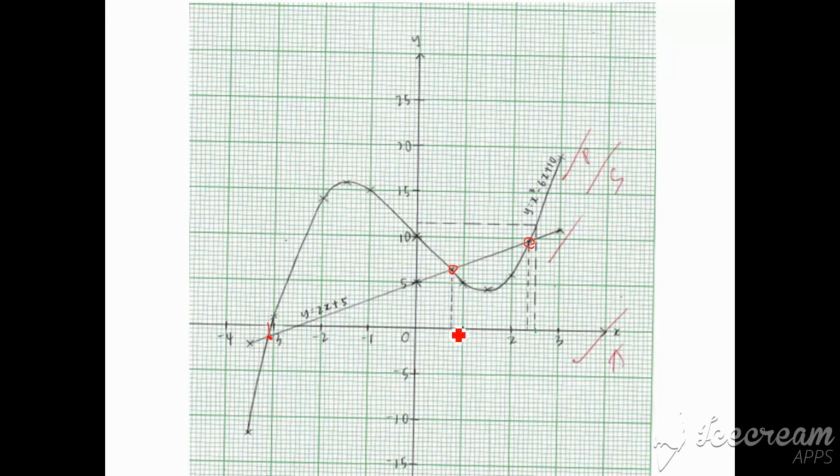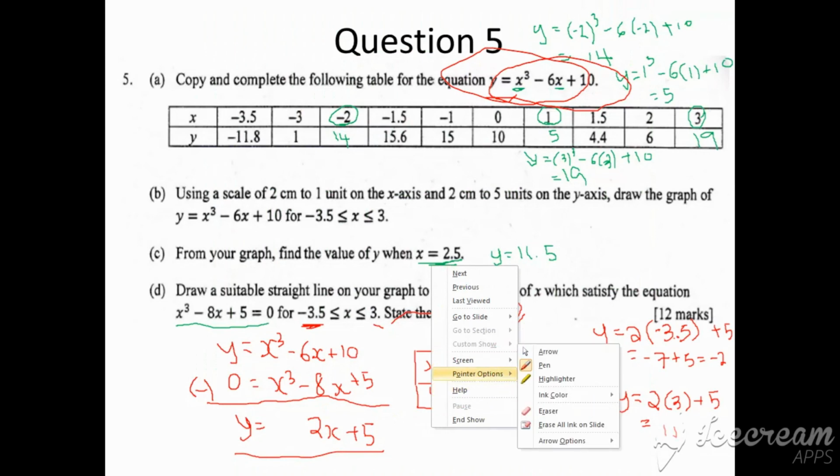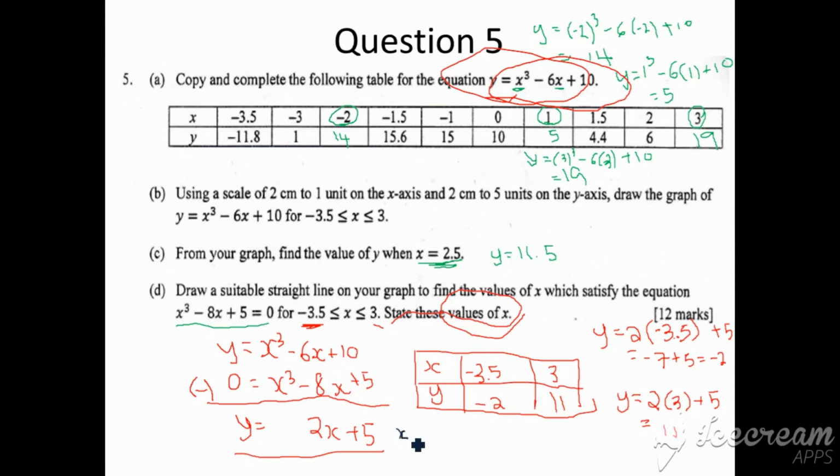Okay, you have to list down all these 3 coordinates. So the final answer for D is x equals negative 3.1, 0.75, and 2.35. You have 3 answers.